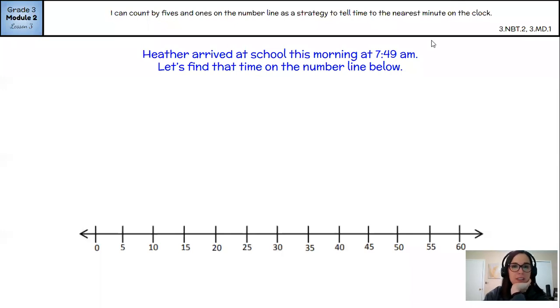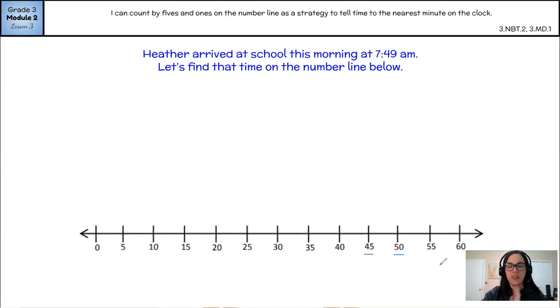Okay, Heather arrived at school this morning at 7:49 a.m. Let's find that number on the number line below. Okay, so let's think about what 49 would be between? Well, if I check down here on my number line, I know that it's between 45 and 50. So let's draw in my minutes. 46, 47, 48, 49.